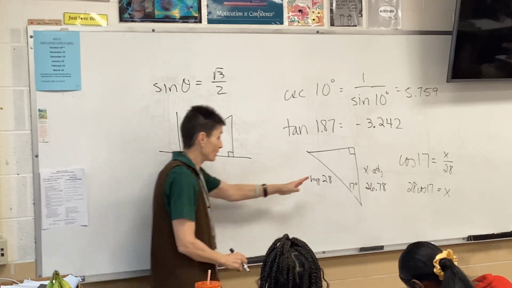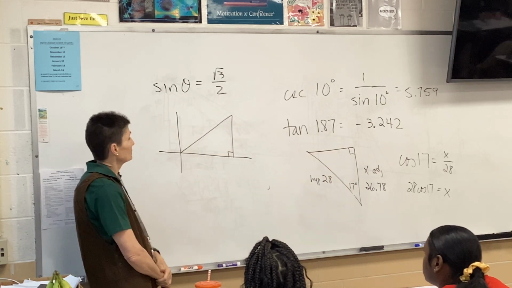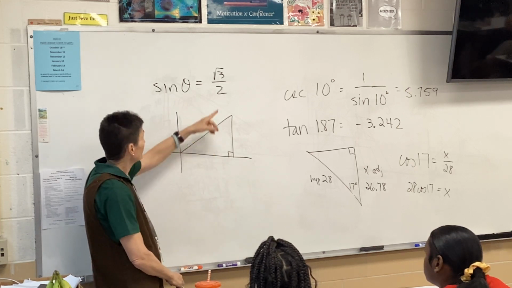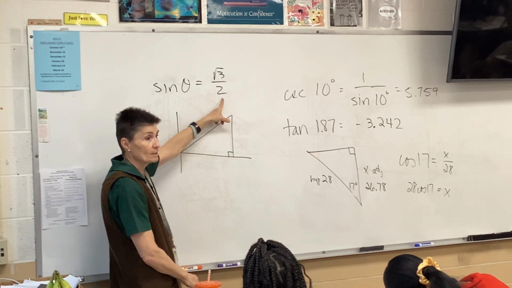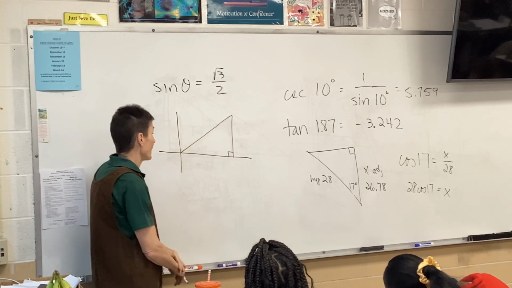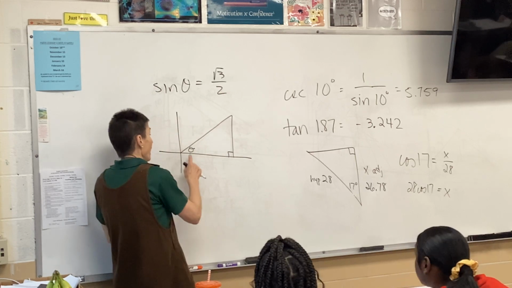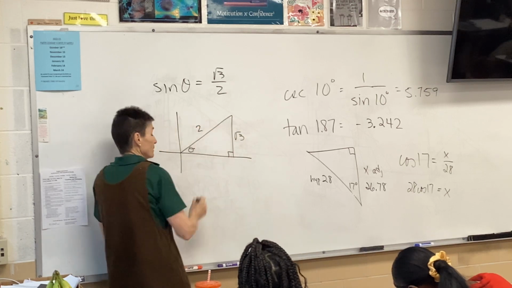If you, like here we already had one, great. If you don't already have one, go ahead. Makes sense to draw a triangle because isn't this opposite over hypotenuse? So I might as well have a picture to look at. This is my angle. The opposite side is √3 and the hypotenuse is 2.